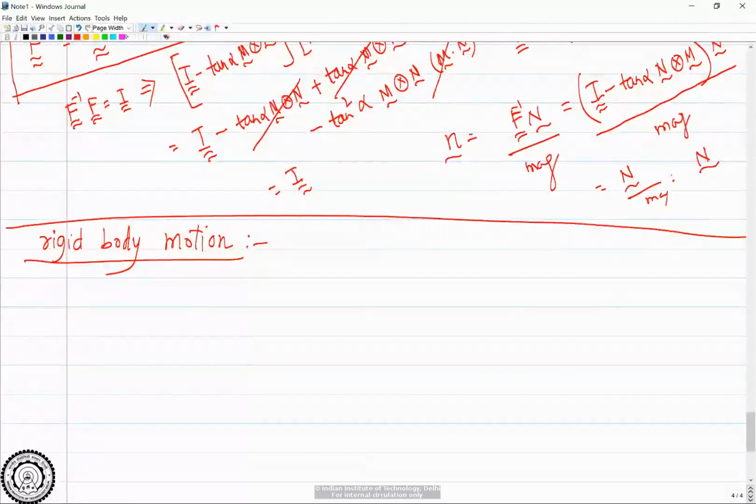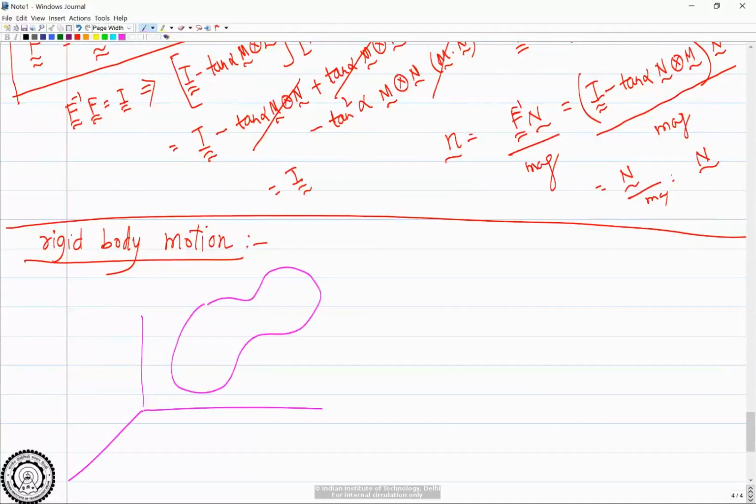So suppose that this is the reference configuration. The body could be undergoing rotation about some point, let us say capital X naught, and about some axis also. So first it is going to rotate.